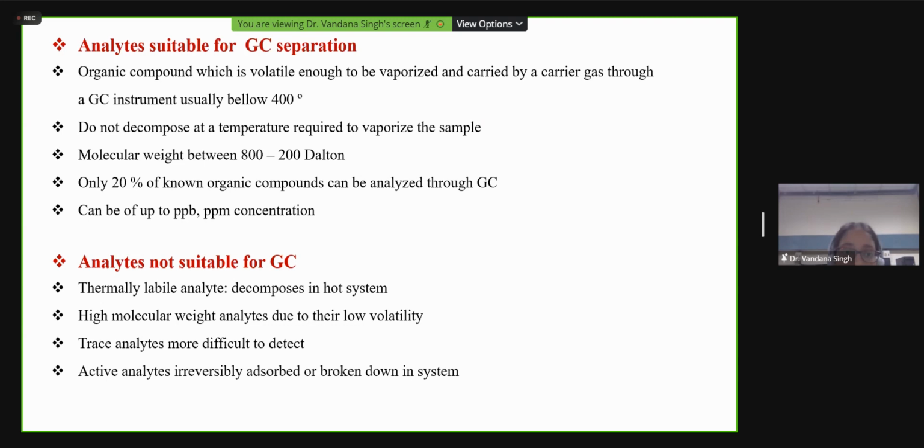So generally the capillary columns that are used in gas chromatography are, from outside, made of glass or plastic or stainless steel to give them robustness, and then the inner portion has a solid support material, on which the liquid stationary phase is immobilized.